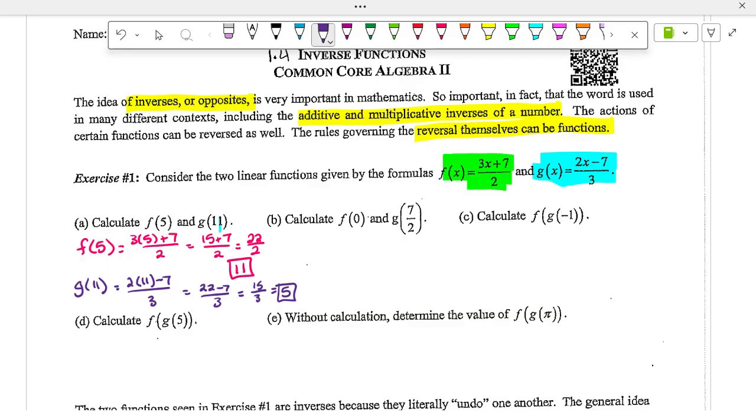If you want a calculator, by all means, you're not going to hurt my feelings. You're plugging 5 into function F.